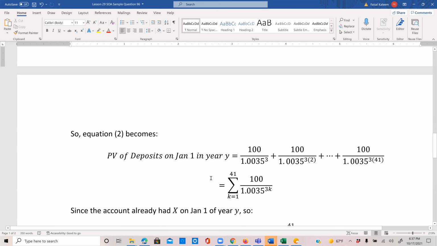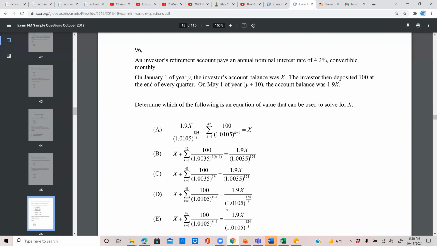So this was exactly the summation term on the left side of C. And as we discussed earlier, the present value of the account will be what the account already had on January 1, which was X, plus the present value of the deposits. So the left side total gives the present value of the account, what we already had plus what was deposited.